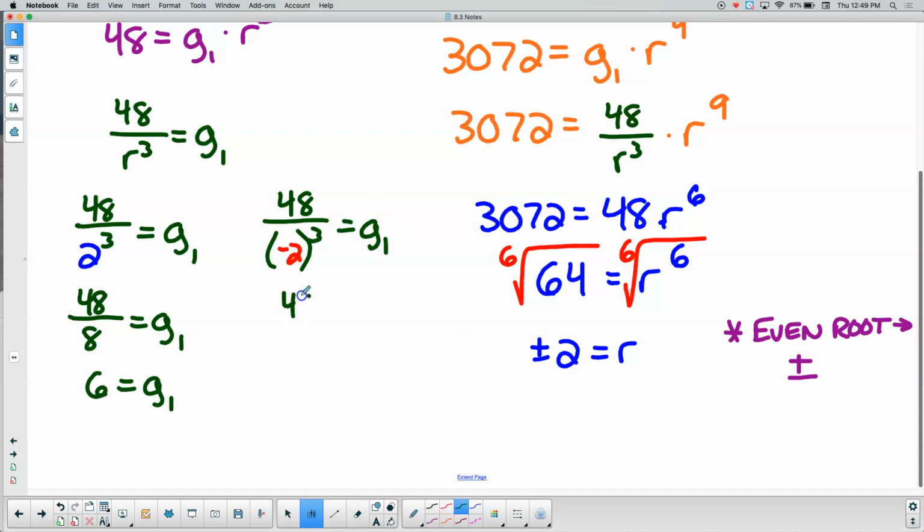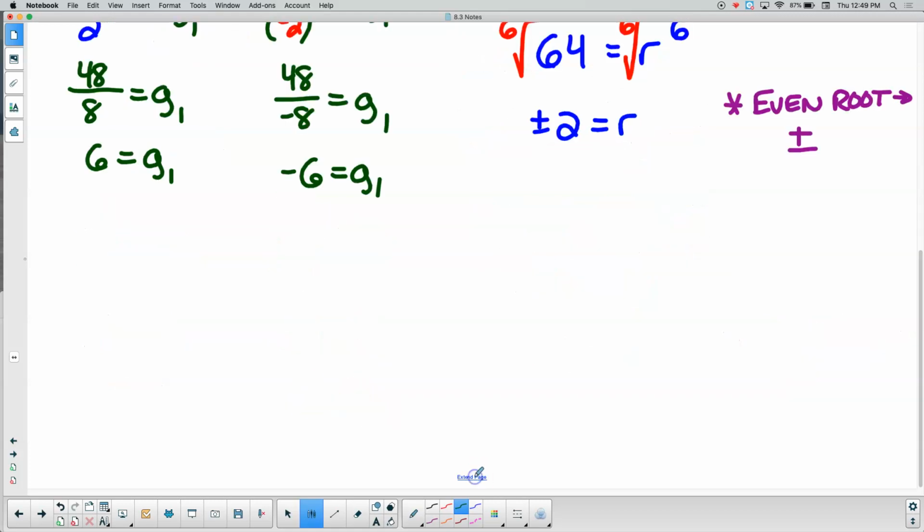That's going to be negative 8, so that's going to be negative 6. So I get 2 different rules.